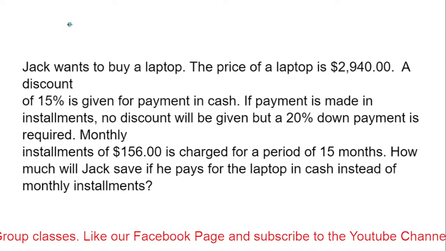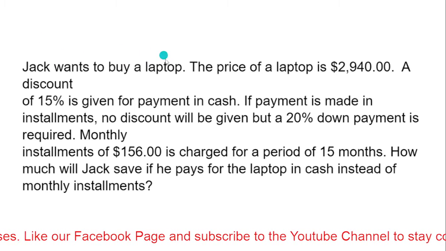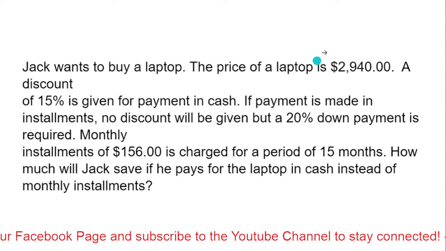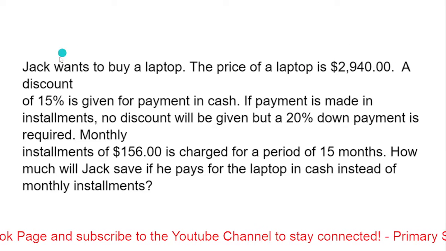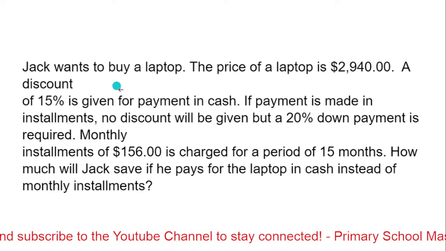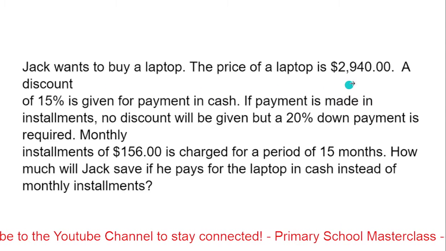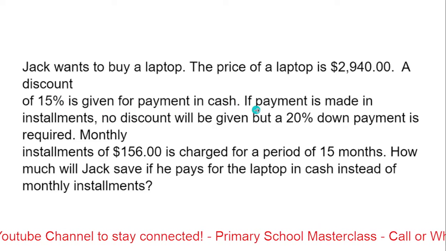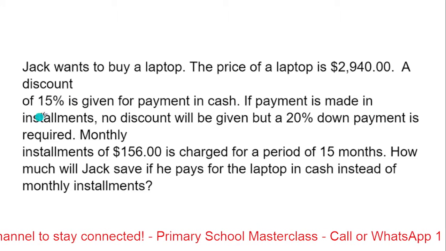So let's read it again. Okay? It says, Jack wants to buy a laptop. The price of a laptop is $2,940. A discount of 15% is given for payment in cash. If payment is made in installments, no discount will be given, but a 20% down payment is required.